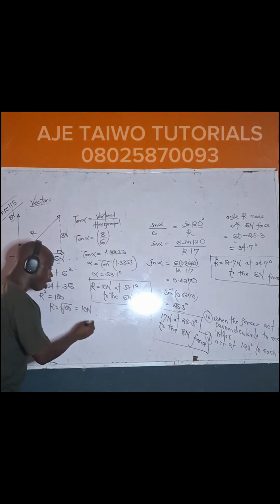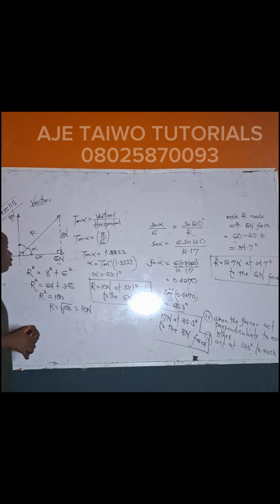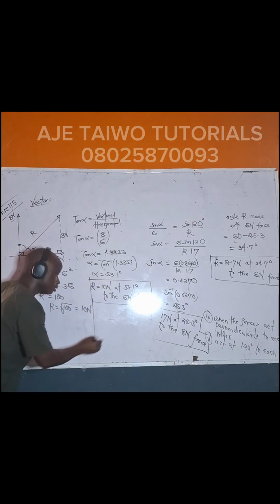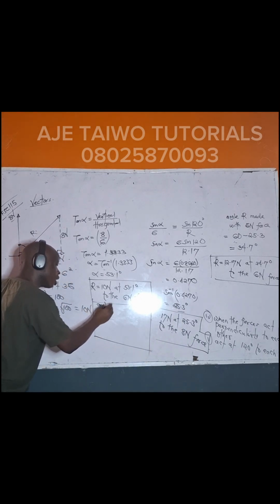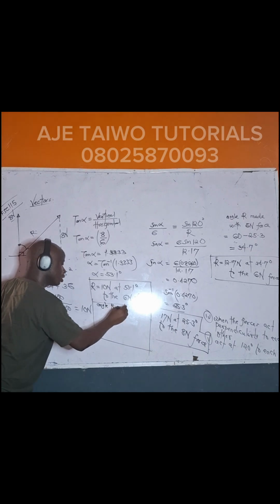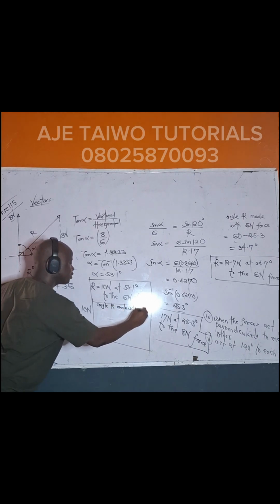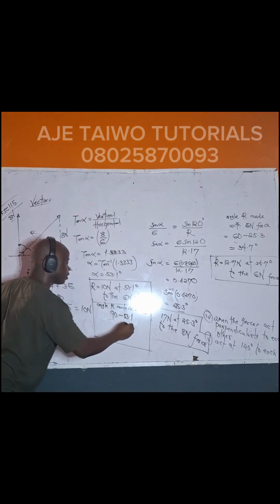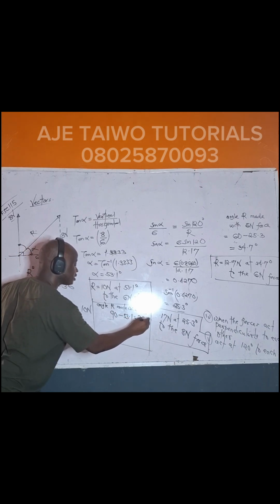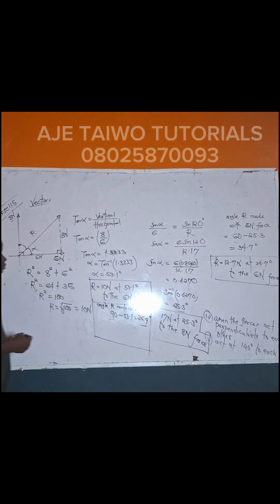Tell me, what angle does the resultant make with the 8 Newton force? Anybody? 36.9 degrees. Good. So the angle R makes with 8 Newton is simply 90 minus 53.1, which is 36.9 degrees. How?